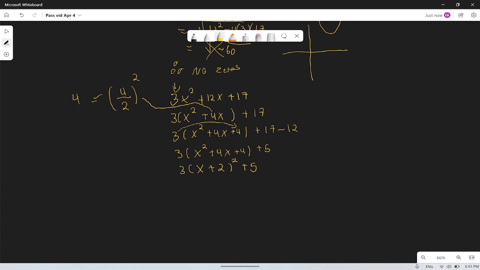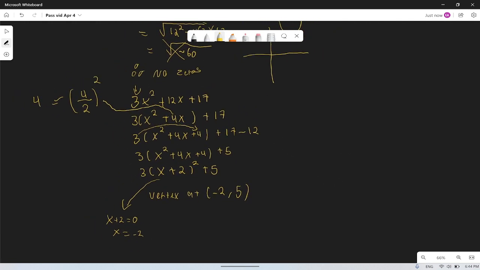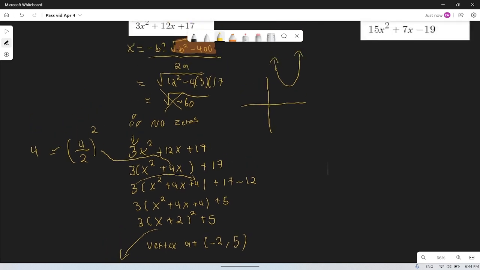What this means is that we have our vertex at, so we have x plus 2 equals 0, so x equals negative 2. So we have our vertex at negative 2, comma 5. And this makes sense that we have a vertex that's above the x-axis, considering that we have no zeros.